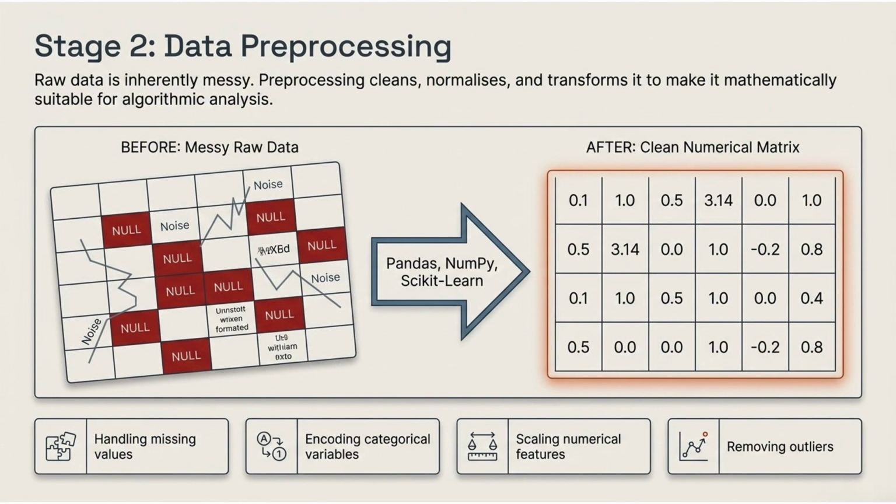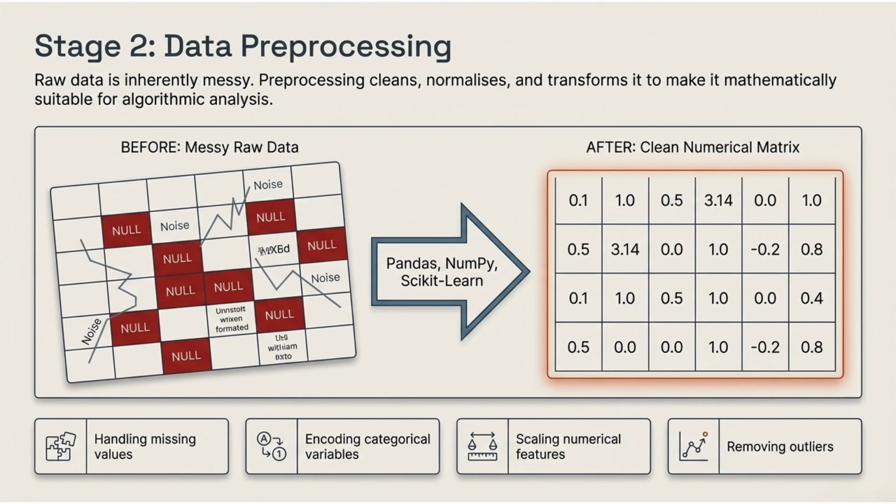Raw data is often messy and incomplete. Therefore, the next step is data pre-processing, where the data is cleansed and transformed. During pre-processing, several tasks are performed. Missing values are handled, categorical variables are converted into numerical forms, and numerical features are scaled.